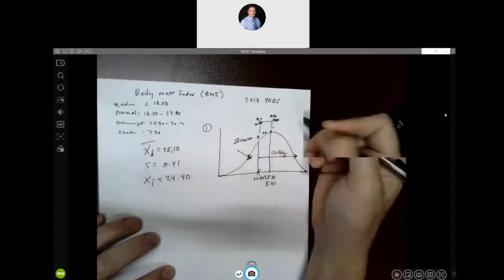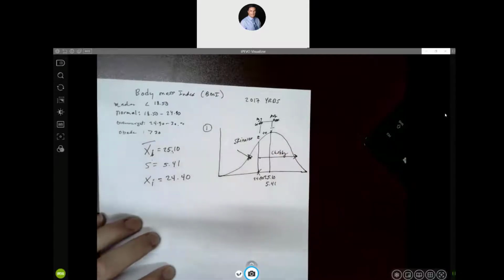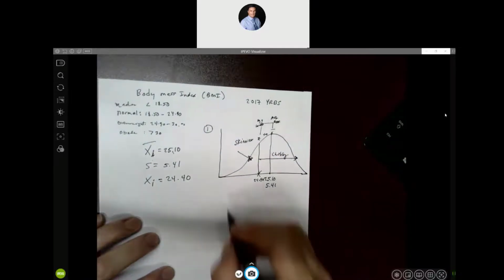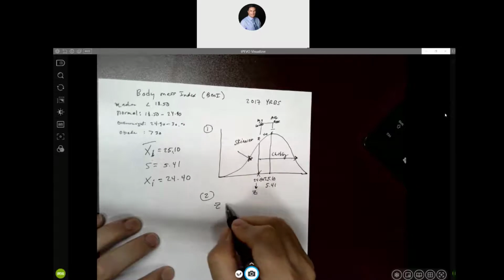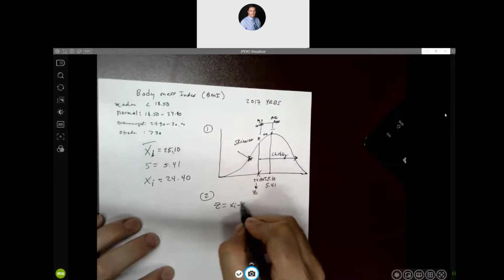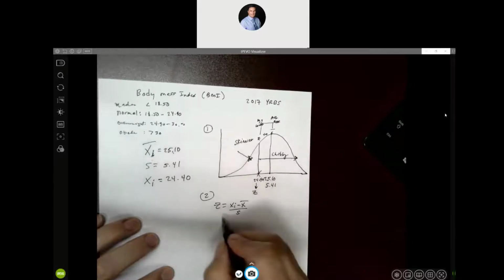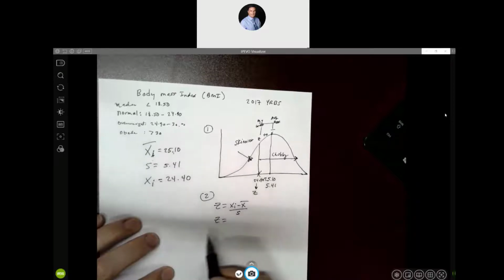So the second step is we need to convert that x sub i into a z-score. To do that, we'll use the formula z is equal to x sub i minus x bar over the standard deviation. And then we're going to show each step and plug in our values.